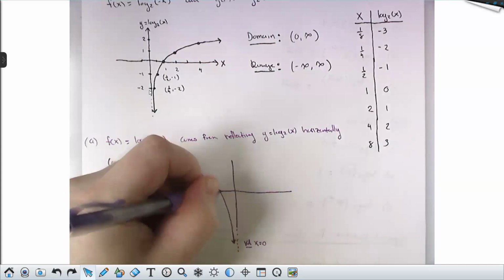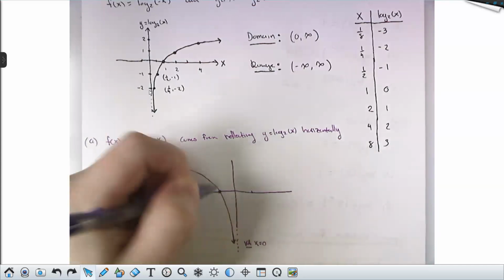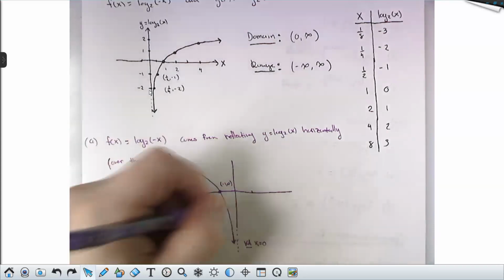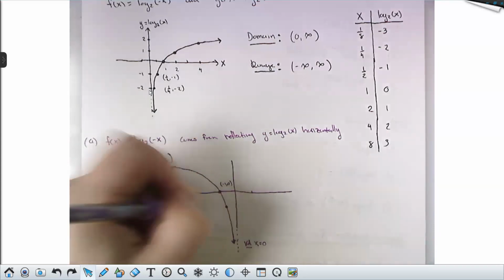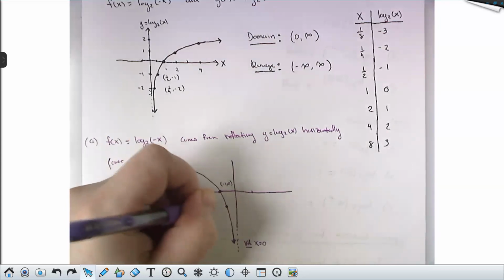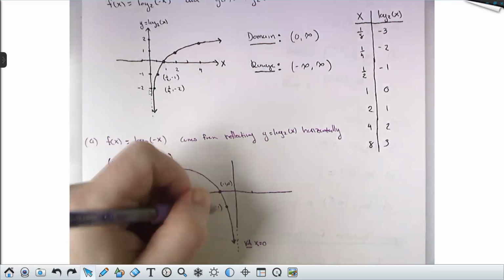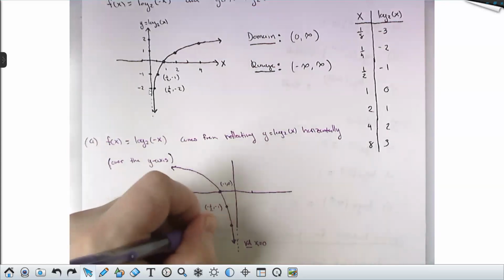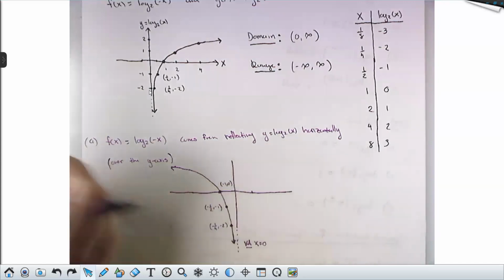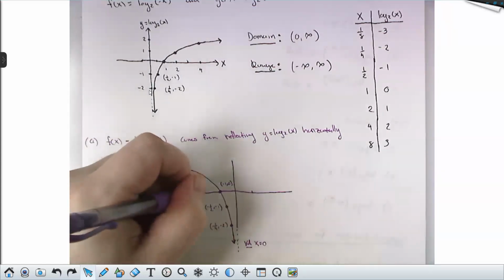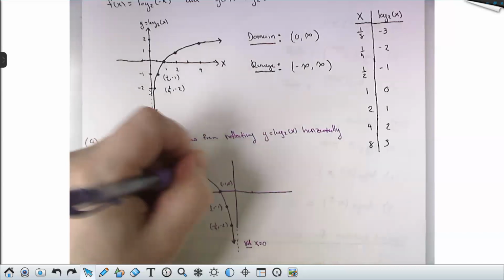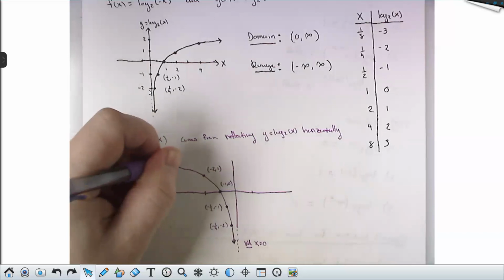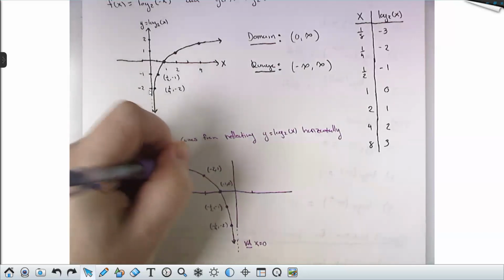That point 1, comma 0, when he gets flipped over here, he becomes -1, 0. That point 1/2, comma -1 becomes -1/2, comma -1. That point 1/4, comma -2 becomes -1/4, comma -2. 2, comma 1 becomes -2, comma 1. And I've got room for it just barely here. 4, comma 2 becomes -4, comma 2.